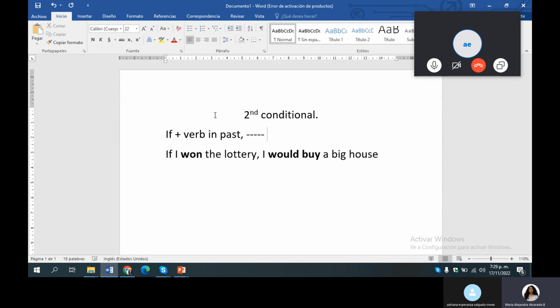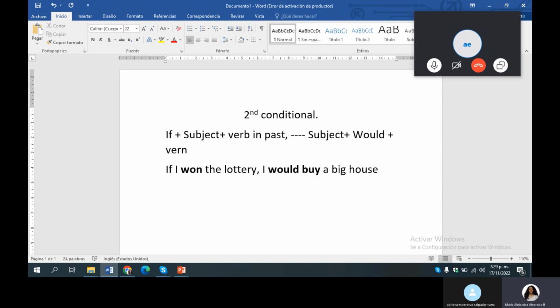Oh, sorry, I forgot the subject. Subject plus verb. All right. And here we have the result, which is subject plus would plus verb in base form.